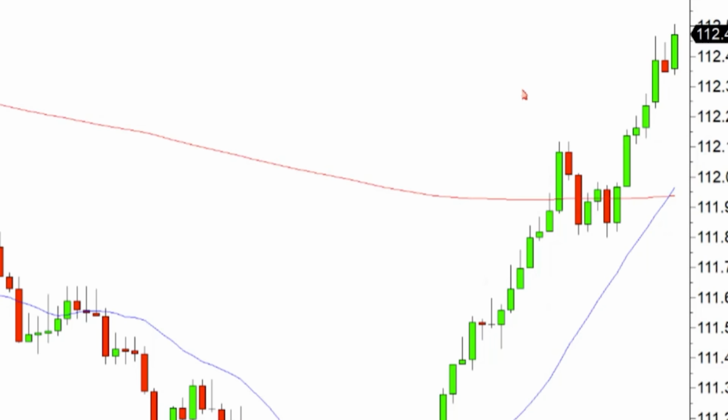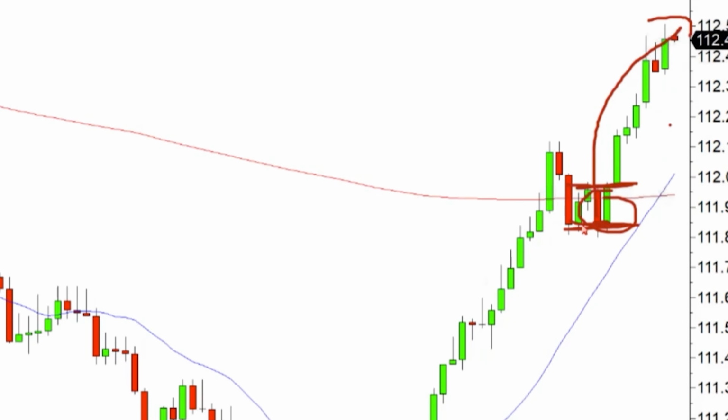But the thing that's going to change your life is the distance away from your last interrupt. Too many traders are trying to short too close to the interrupt. You understand? And that's a mistake. Here's your interrupt.